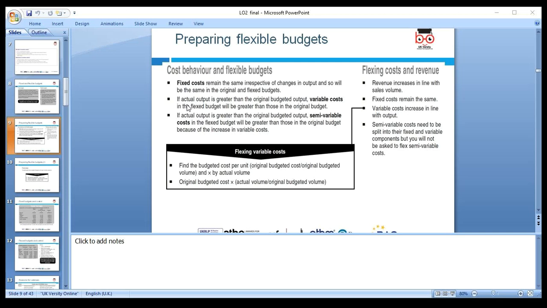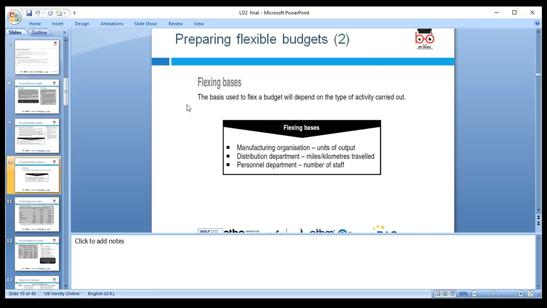Variable cost will change with the level of output. Fixed cost will stay the same, like rent. Semi-variable is like a phone line rental, where fixed and variable are together. Line rental is fixed and call charges are variable, so that's called semi-variable. So that's what we can look at in cost behavior.